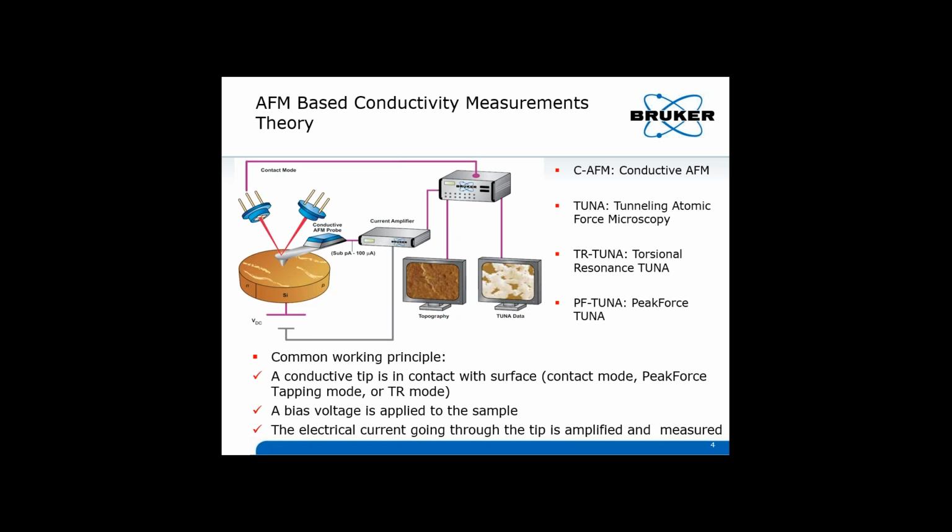In all the above AFM-based conductivity measurements, they share the same common working principle. First, a conductive tip is in contact with the sample surface, either in contact mode, PeakForce Tapping mode, or TR mode. A bias voltage is applied to the sample, and the electrical current going through is amplified and measured.